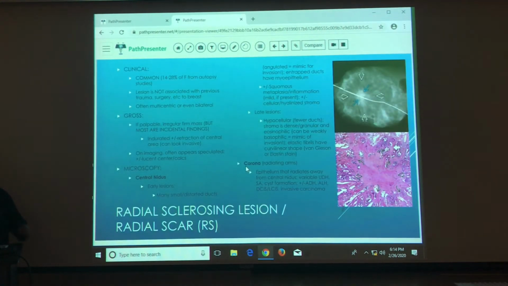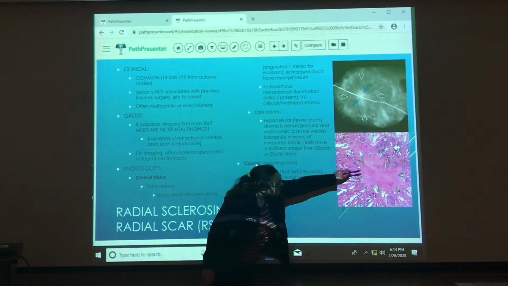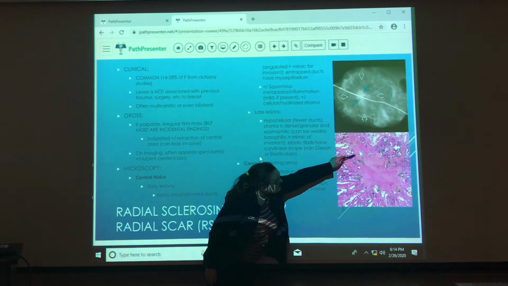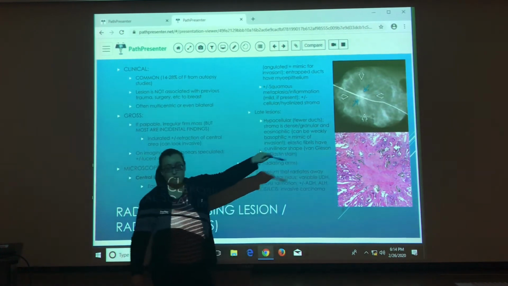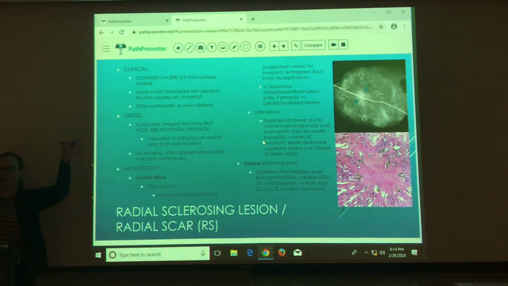Okay, so this is what we were looking for. You want to see a central scar, dilated glands that are really close to that central scar, and then everything just radiates out. They call them coronal sections, meaning crowns, so they just go around.